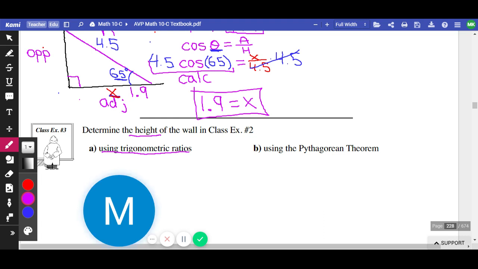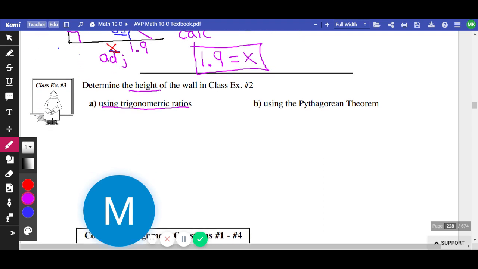I want you to try to choose the right ratio. Okay, so it's on you. Write out Sohcahtoa. See if you can choose the right ratio. So you're using it as a checklist right now. When you looked at your formula, you should have put a check mark under S, C, and T. Right?